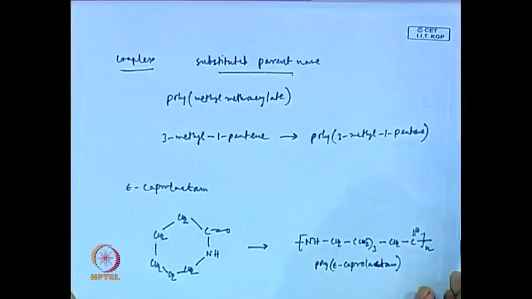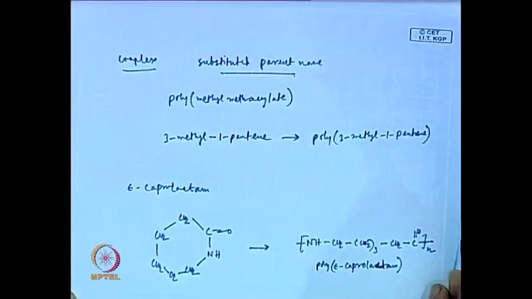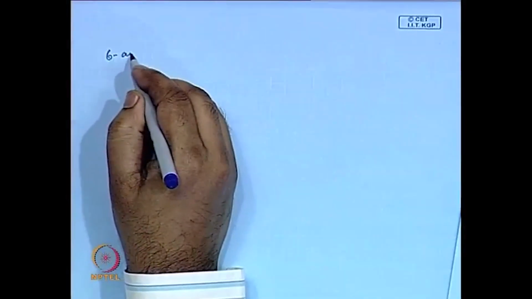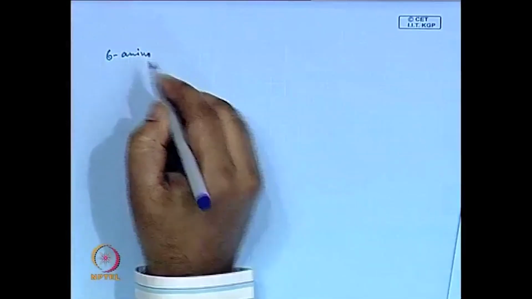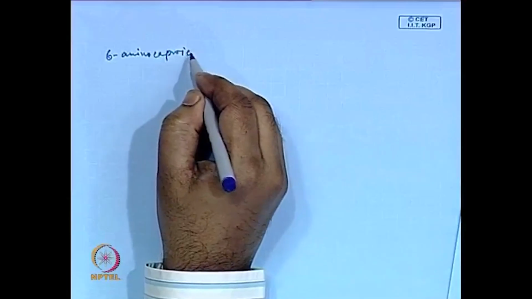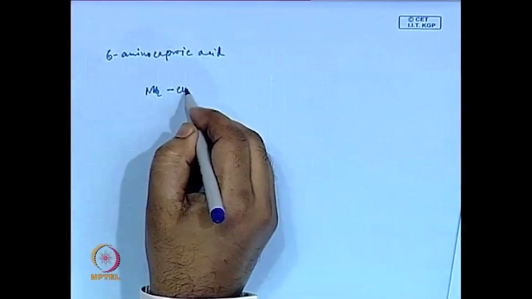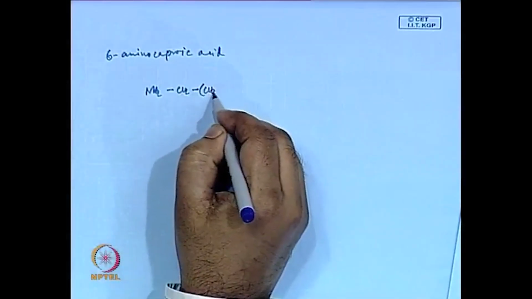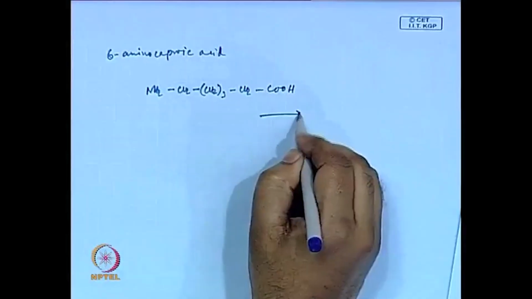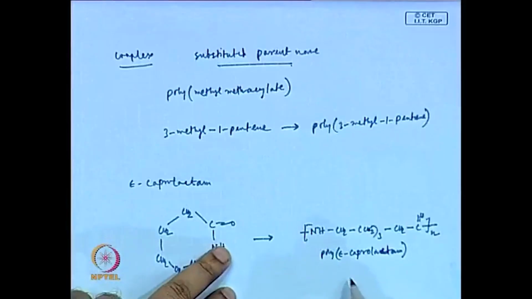Now, the same monomer can be synthesized from condensation of 6-aminocaproic acid. You can get the same polymer which was shown here.